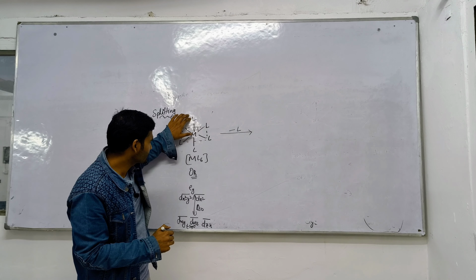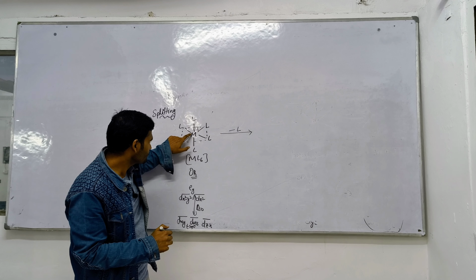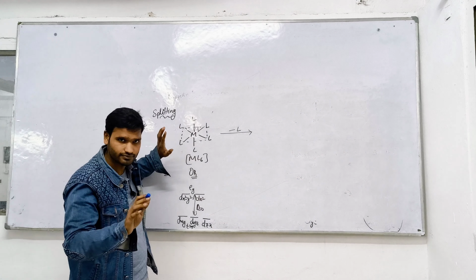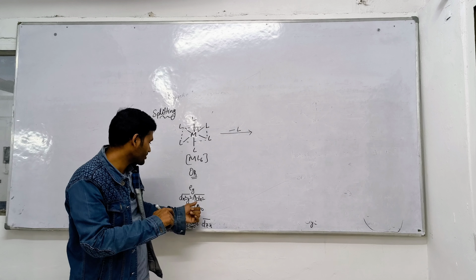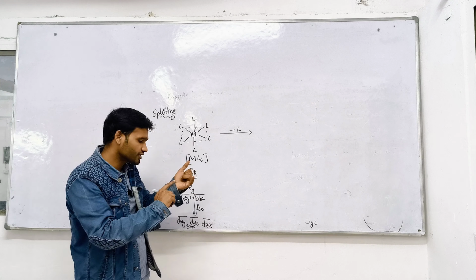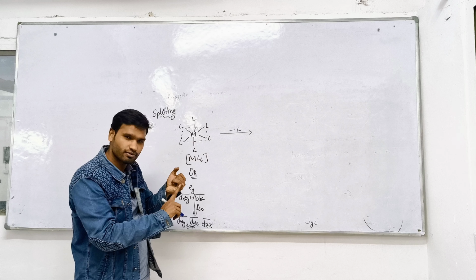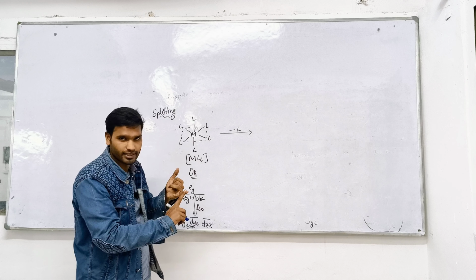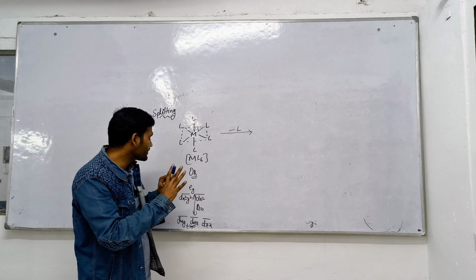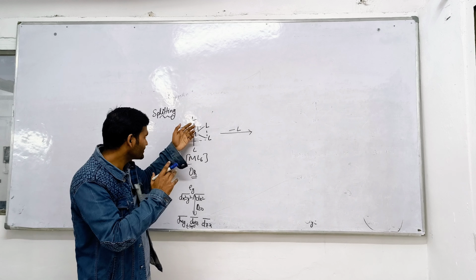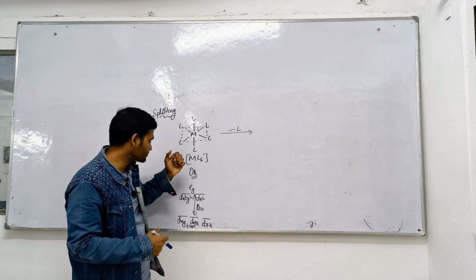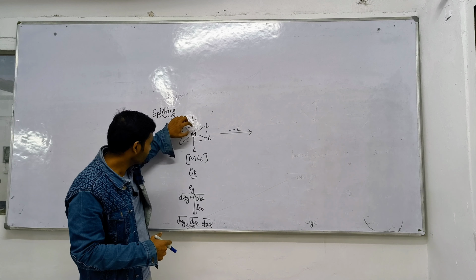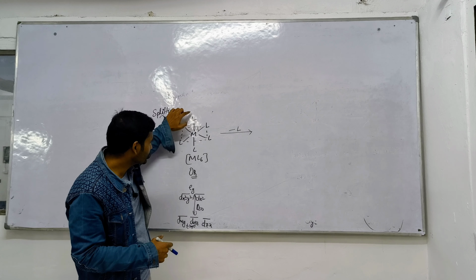When I am removing this ligand, you know that the metal has d orbitals: dxy, dyz, dzx, dx square minus y square, and dz square. There will be x, y, and z d orbitals. Those d orbitals which are facing these ligands directly are on the z axis, which means here will be dz square.